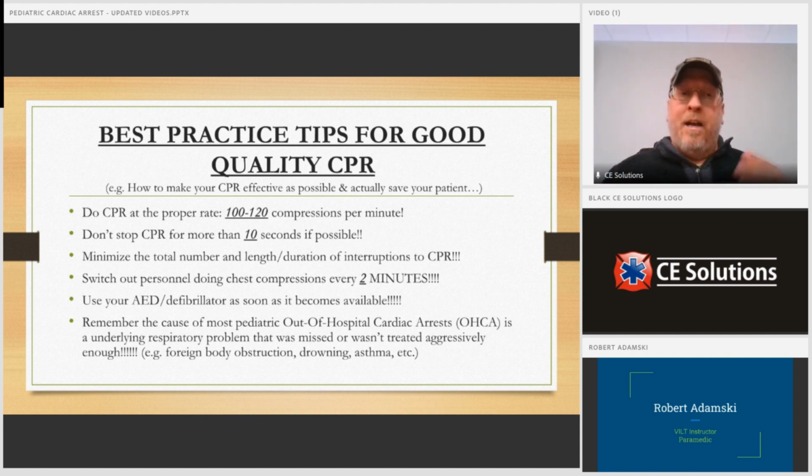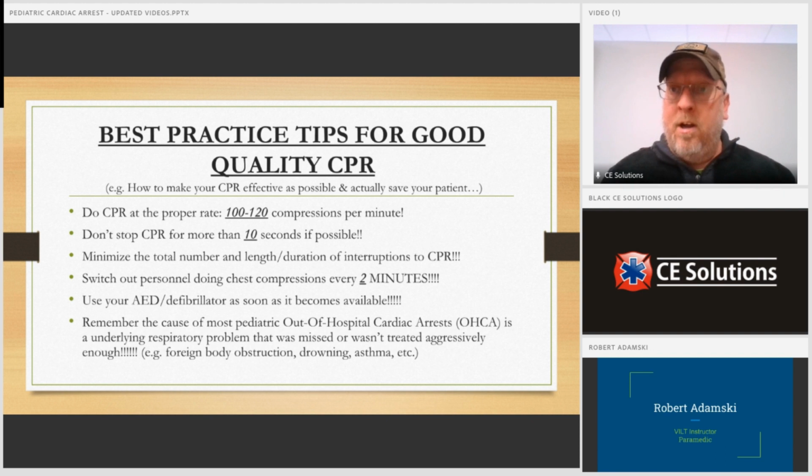But realize that in most of our out-of-hospital cardiac arrest patients who are pediatric patients, infants or children, the underlying problem that caused them to go into cardiac arrest, like I said previously, was a respiratory problem that we missed.